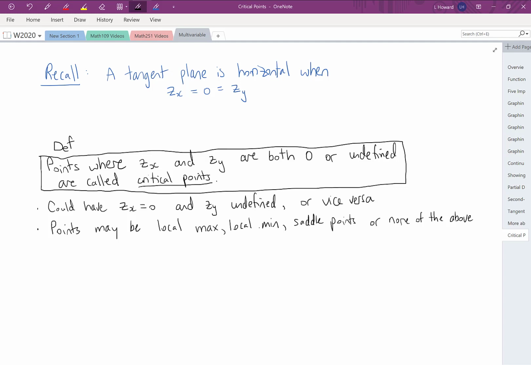And then once we've got these critical points, we still need further investigation to figure out what type of critical point they might be. The options are the points could be a local maximum, they could be a local minimum, they could be a saddle point. So we'll draw a picture to see what that looks like, or it could be none of the above.